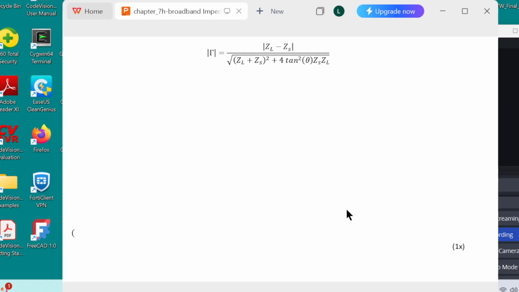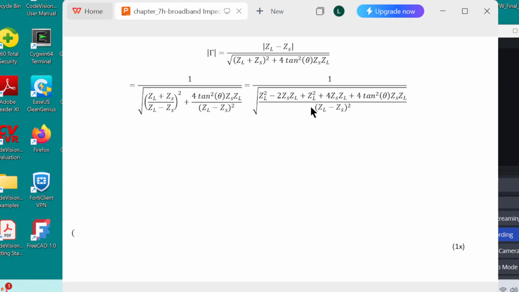Now, if we continue to work out to derive this, we don't just stop here. Then you will notice after some more simplifications, by moving the term to the bottom and expanding it, you get the left side where ZL plus ZS can be expanded like this.